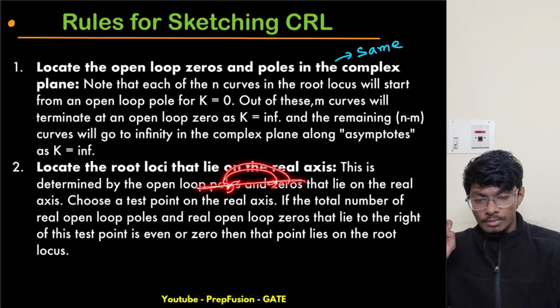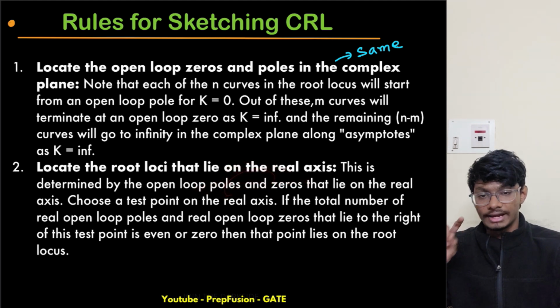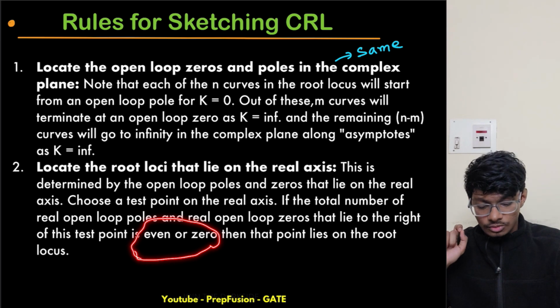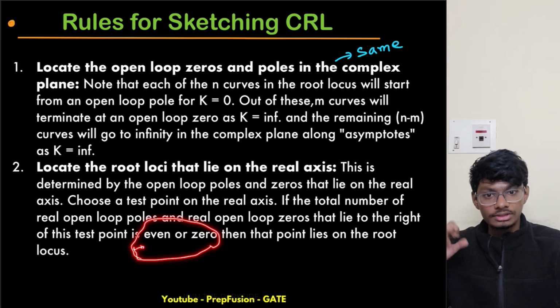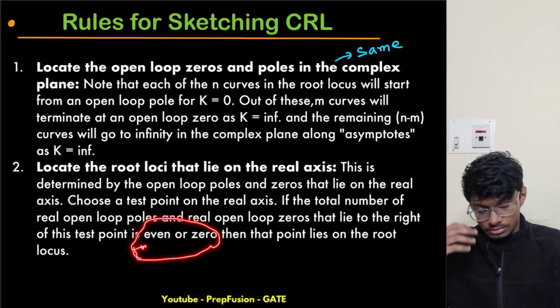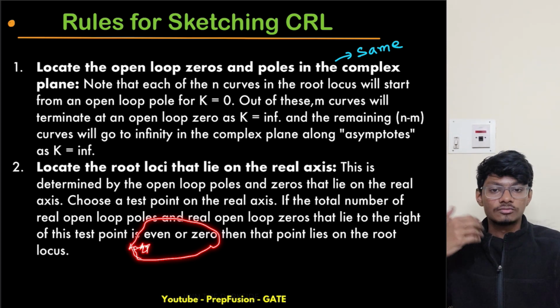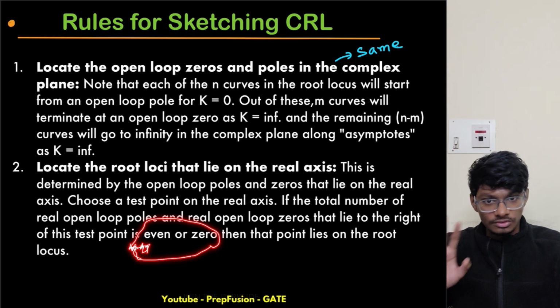If the angle was an odd multiple of pi, then the point would lie on the root locus, and from there we derived that the number of poles and zeros taken together to the right of the test point should be odd for that test point to lie on the real axis of the root locus.